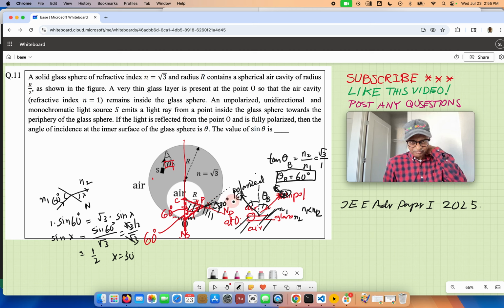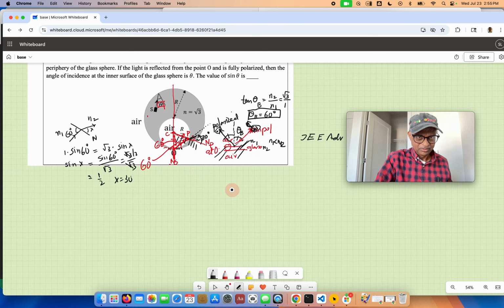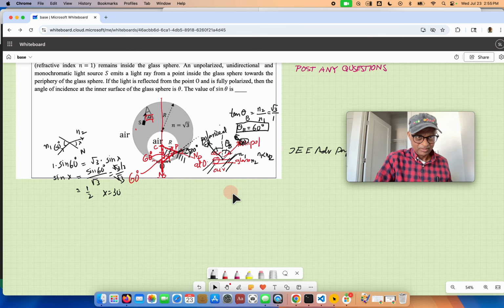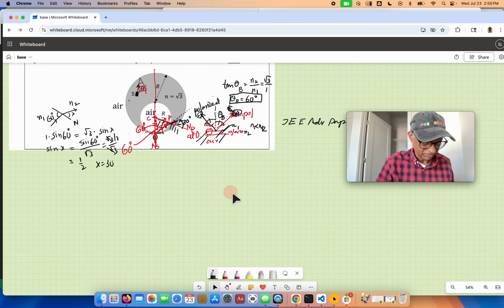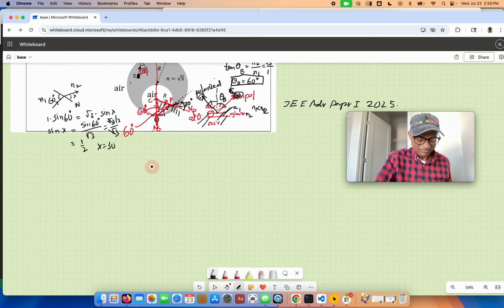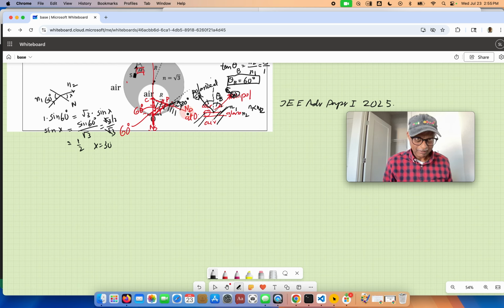Okay, so I am going to now draw out a little bigger picture so we can see it better. Okay, so here is my attempt at really making a big picture here.